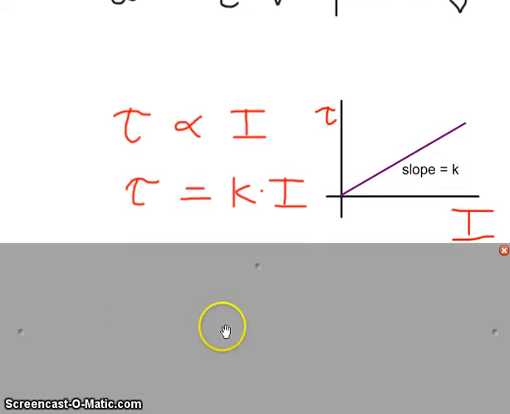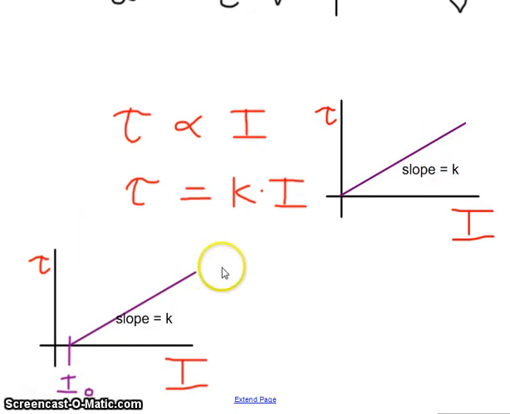So I want to reveal this picture here, which is a slight variation on this one. Yes, torque is going to be proportional to current once we're above the minimum current that we call the no-load current, or I0. So above and beyond I0, we will have this linear relationship where the slope is equal to k.